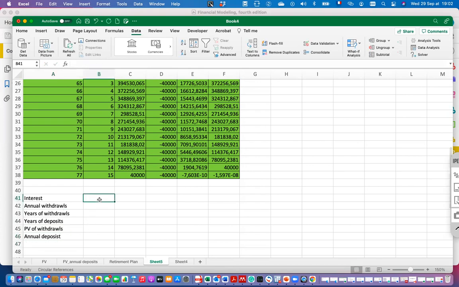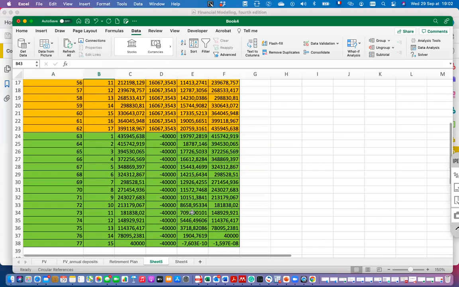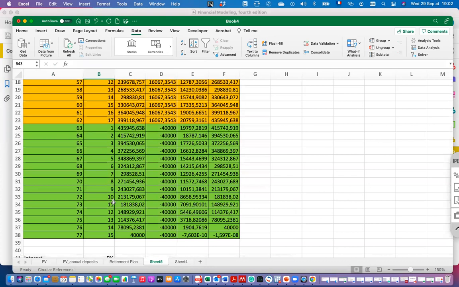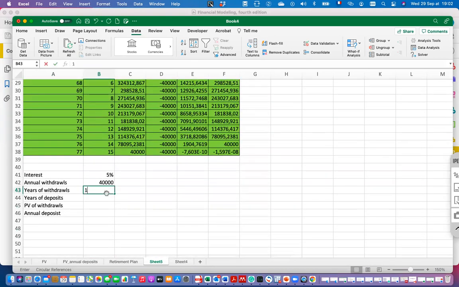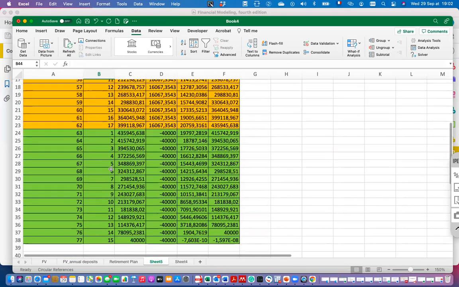So the interest is 5%. Now the annual withdrawals is $40,000. Now the years of withdrawal with the green color have 15 years. Now the years of deposits 17.